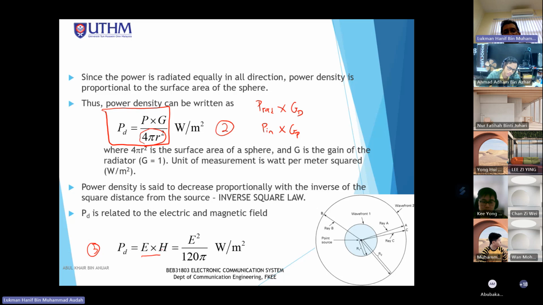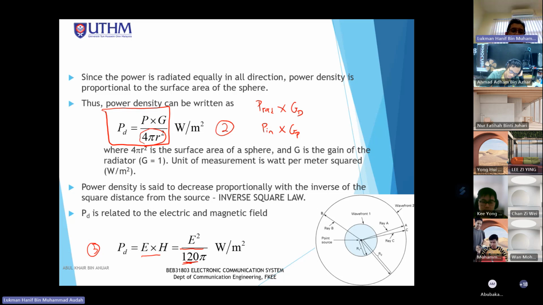Power density, E times H equal to E square over 120 pi. Okay, so this 120 pi has a mathematical definition. 120 pi is for the wave that travels in free space. If we use free space as the channel or the medium, we can use this parameter.